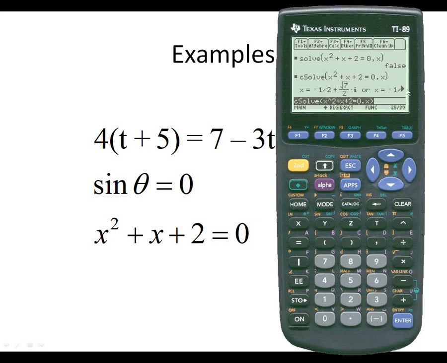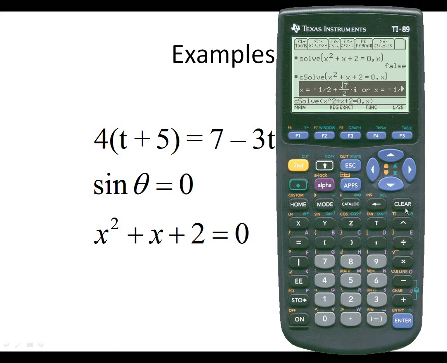There are two possible solutions here, and you can scroll up to see them. They both involve i, and that's what makes them imaginary, because i is the square root of -1. Those are complex solutions. So if you ever have to solve for complex solutions, and you might have to do that with Mr. Mancia in electronics or circuits, then you use csolve.